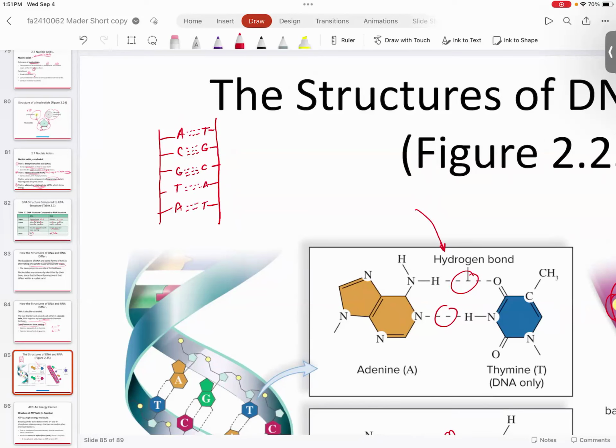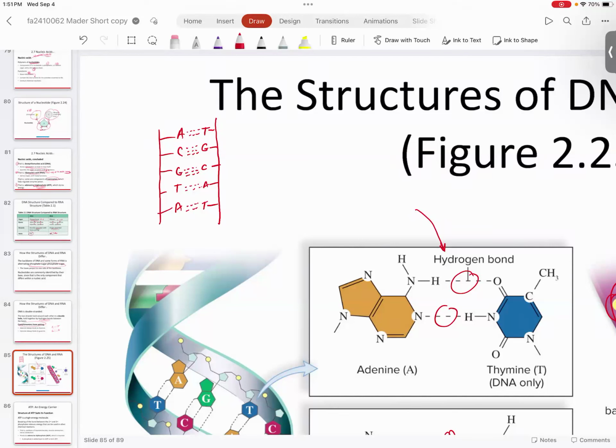It's like a ladder, where the rungs of the ladder are sawed in half, but they're held together with Velcro, right? So imagine a wooden ladder that's sawed in half down the middle of the rungs. And instead you've got Velcro on the ends that holds the ladder together. That's like the hydrogen bonds holding the ladder together, okay? In this case, it's not a wooden ladder. It's like a rope ladder, and it's a twisted rope ladder. So now we have these two pieces zippered together with hydrogen bonds.